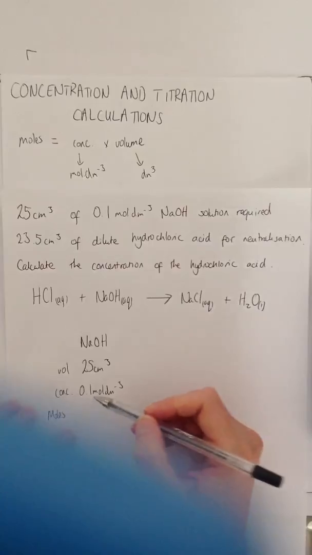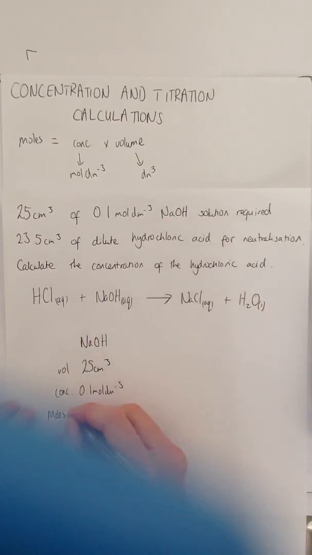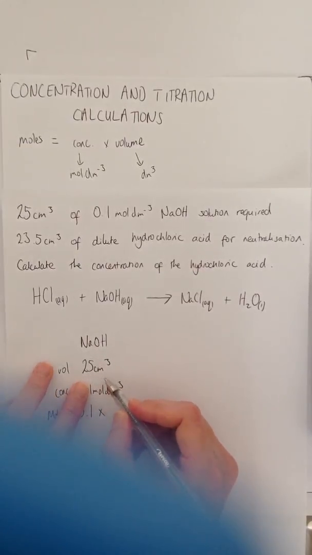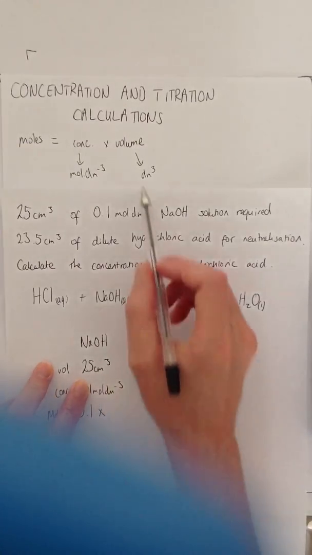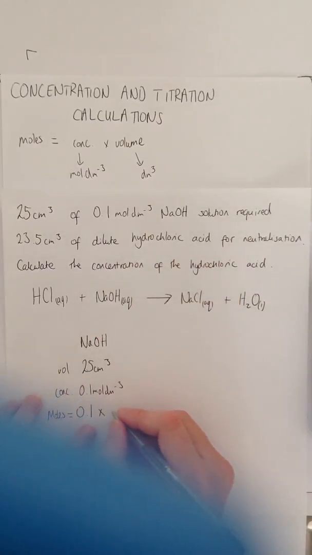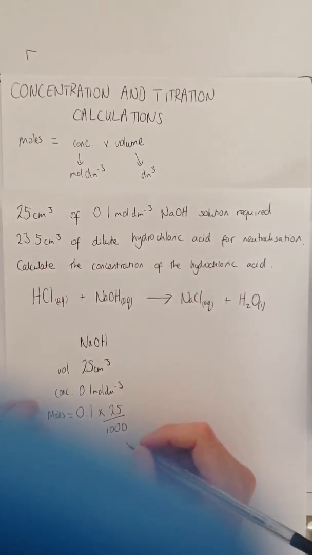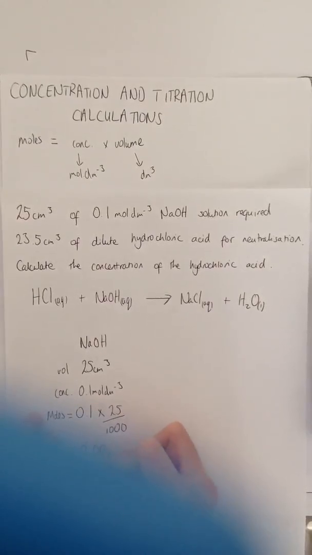Moles is equal to concentration times by the volume. So I take concentration, 0.1, multiplied by 25, but this is in centimetre cubed and we know it has to be in decimetre cubed. So 25 divided by 1000, and this gives me 0.0025 moles.